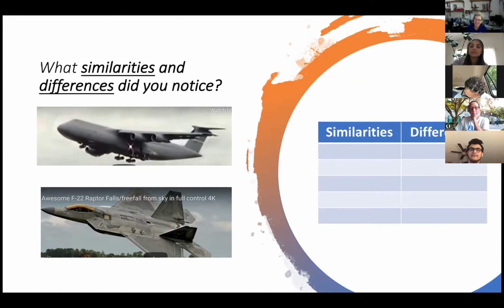Yes. Anything else? They both use pilots. Okay, we assume, we couldn't see them. Yeah, I see a cockpit on both of them, so I'm assuming so. Right. What about the color? Gray. Okay.